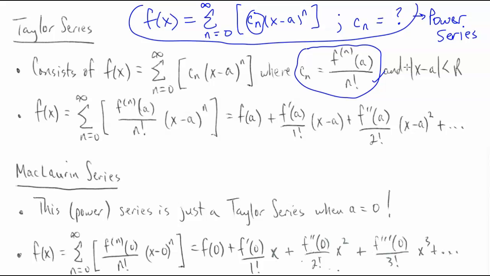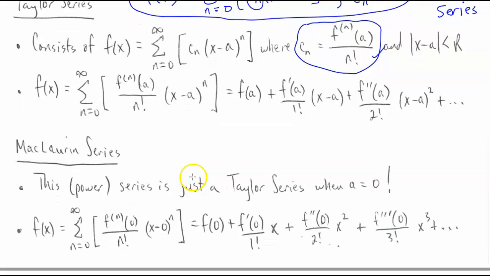And so that's why power series is the big umbrella. Taylor series is saying, hey, power series where C sub n is going to be this certain way. And of course, whenever we talk about binomial series, the coefficients are going to look different, and how we calculate them is going to look different, okay? That's the major thing.